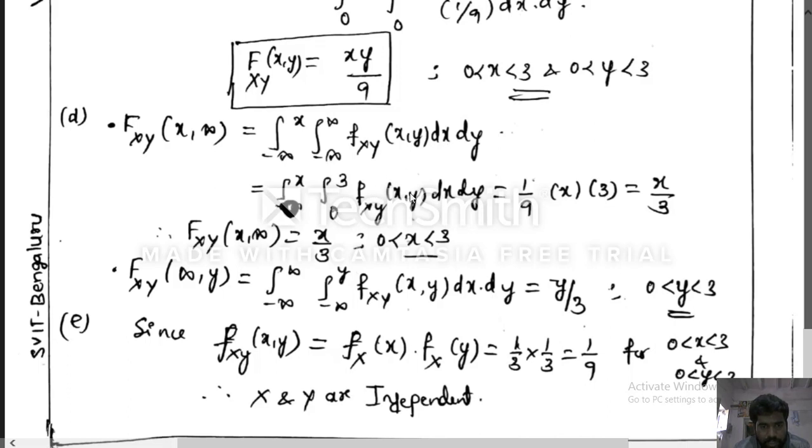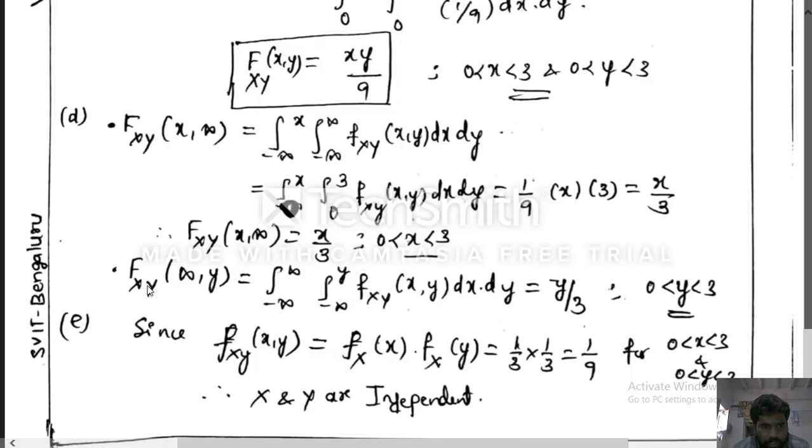Substitute the value of f_XY, so that is 1 by 9. The integral of dx in the limits 0 to x is x. The integral of dy in the limits 0 to 3 is 3. Therefore F_XY of x comma infinity is x divided by 3. That is F_XY of x comma infinity, it is same as F_X of x, which is equal to x divided by 3 for the values of x between 0 to 3.